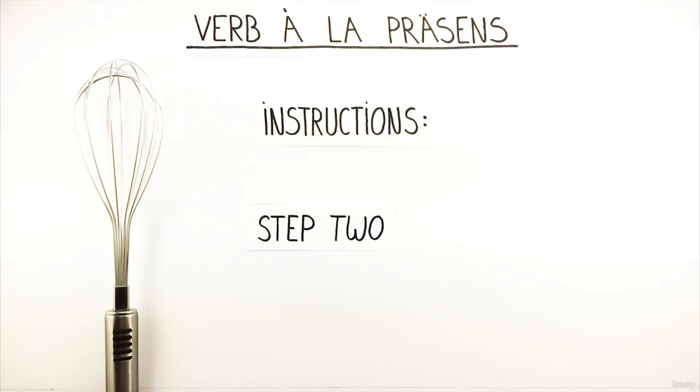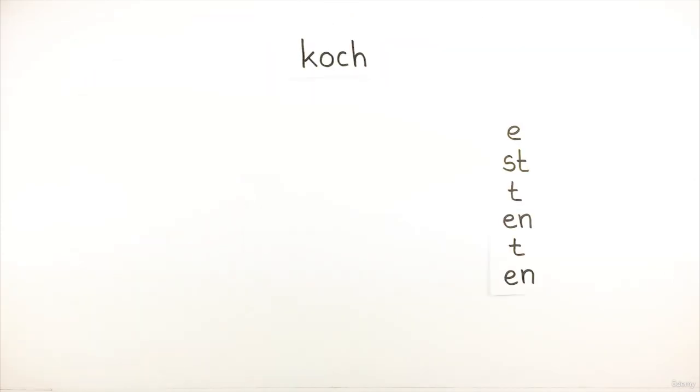Step 2. The verb cannot stay like this. It needs some endings. The endings for the present tense in German are E, ST, T, N, T, N. The best thing is to just learn them by heart.